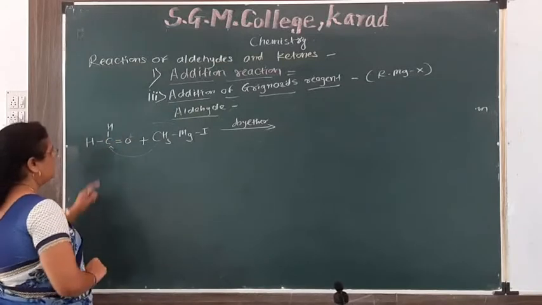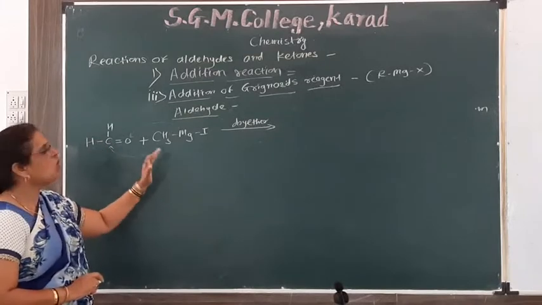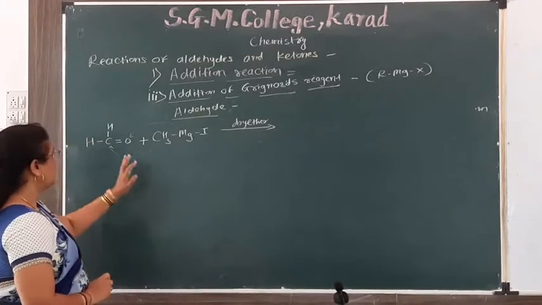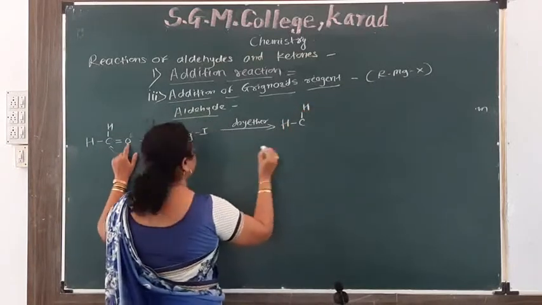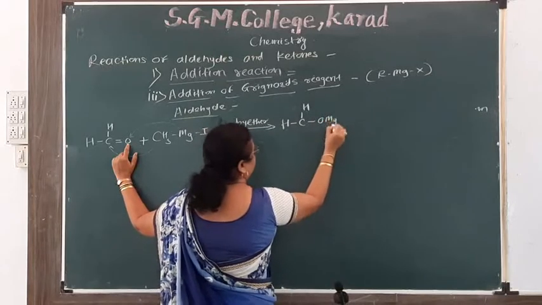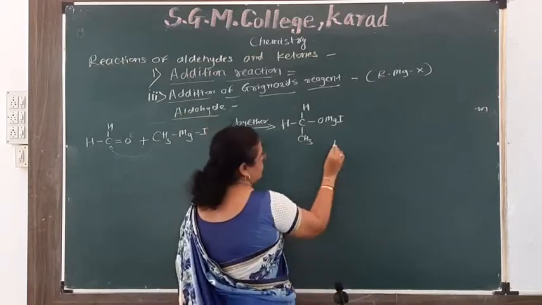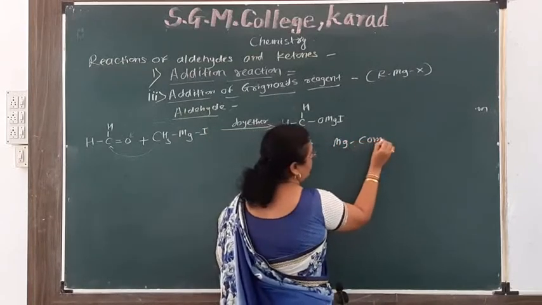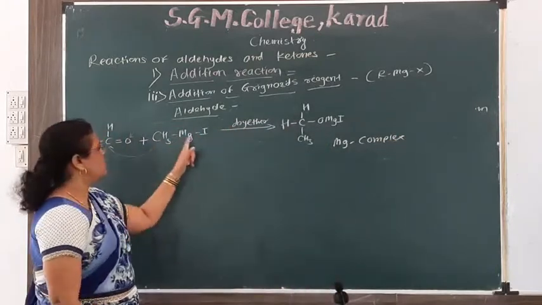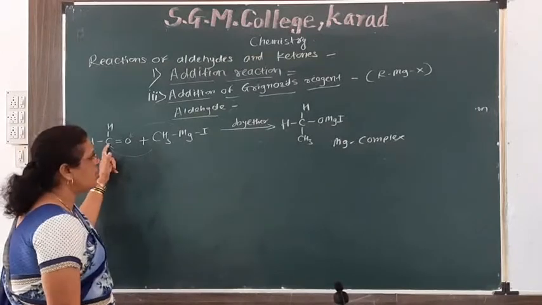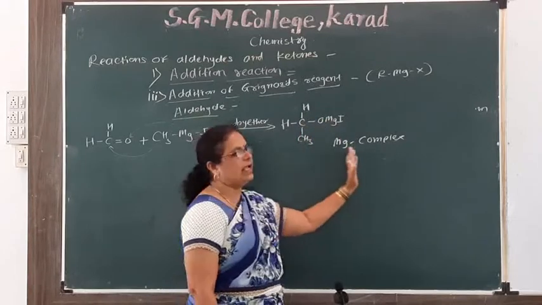The double bond gets converted to a single bond, meaning the sp2 hybridized carbon atom gets converted to an sp3 hybridized carbon atom, and we get the product HCH(OMgI)CH3, known as the magnesium complex.